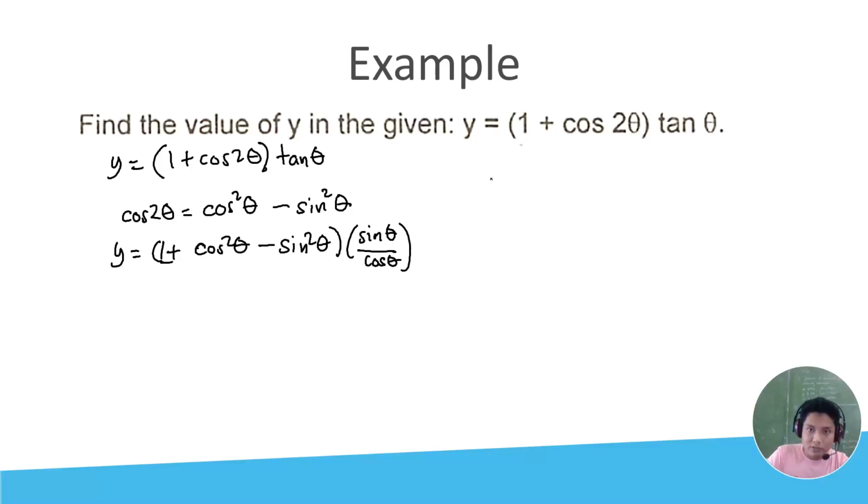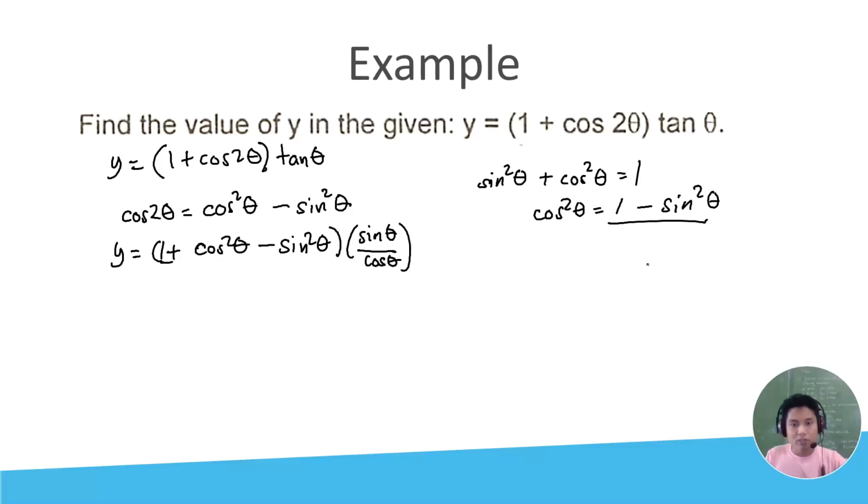As you recall on the previous slides, we have sine squared theta plus cosine squared theta equals 1. So from that, if I want to determine the cosine squared theta, it is equal to 1 minus sine squared theta. So therefore, cosine squared theta is equal to 1 minus sine squared theta.